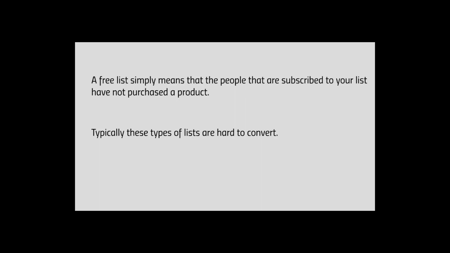Now, typically, these lists are a little bit harder to convert because people do not know you. They have not really put their trust and faith in you. If somebody subscribes and they've purchased from you before, that would be more of a customer type subscriber. But we're talking about people that don't know you. They've subscribed, they've gotten something for free, and that's it.